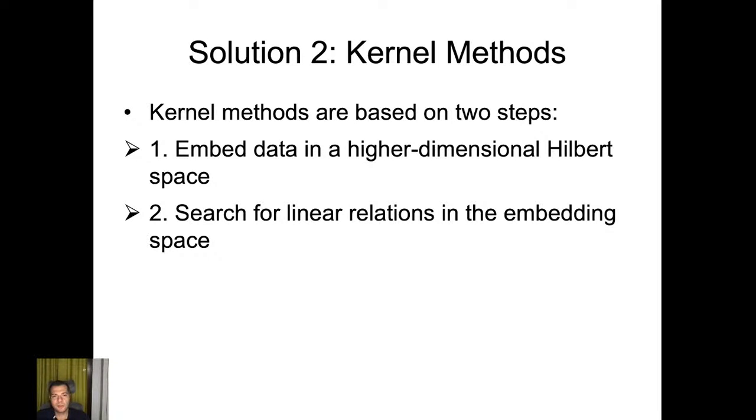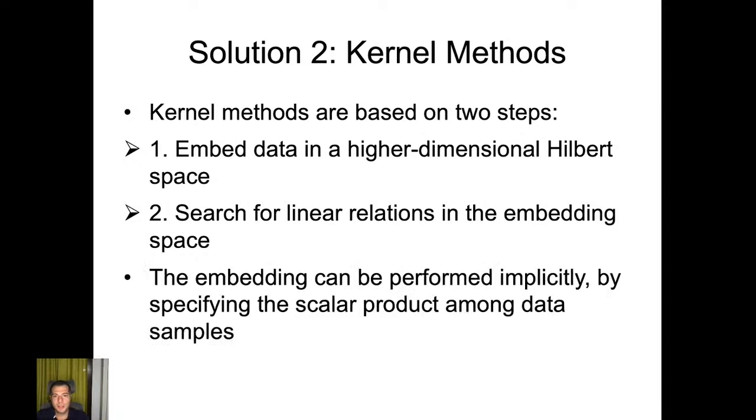So imagine, for example, for the XOR problem, we have a two-dimensional space. So imagine we take these points and we embed them in a higher dimensional space where those points can now be separated linearly. I will show you a drawing in the next slide, and you can figure it out more easily.